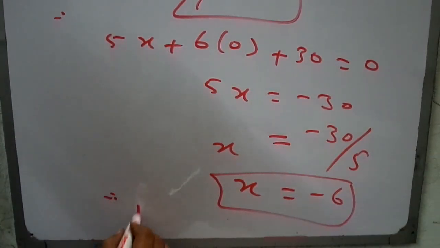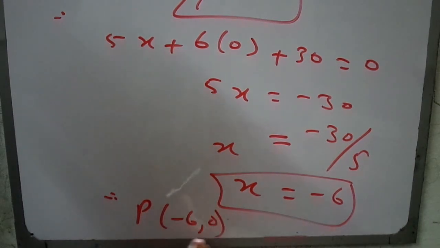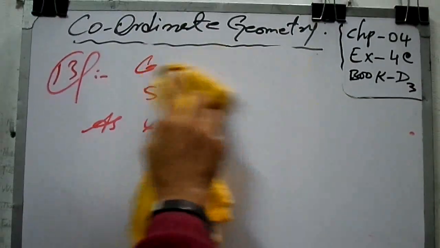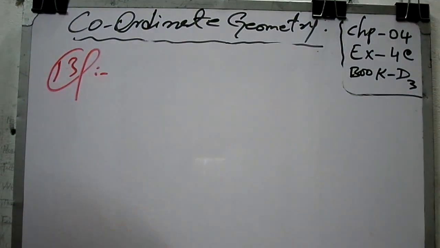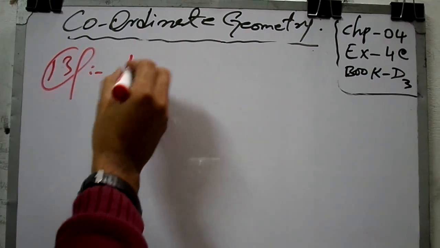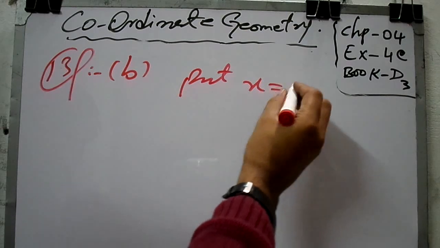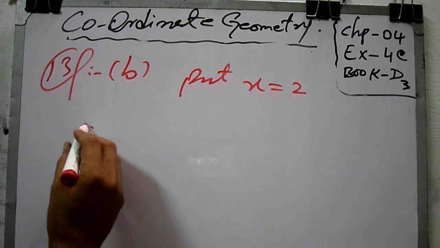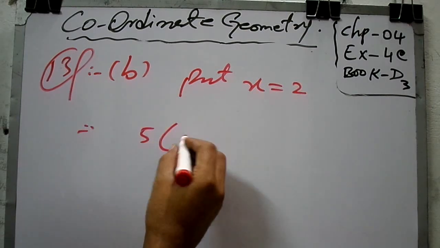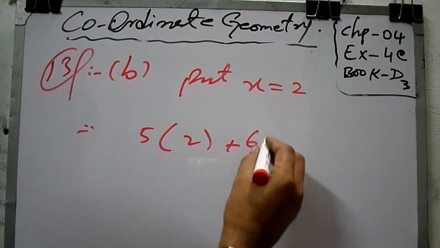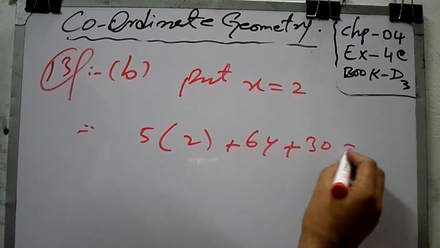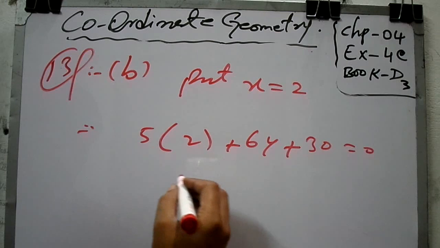So therefore the point will be minus 6 and 0. So in B part, we have to put x is equal to 2 in the above equation to calculate the value of y.